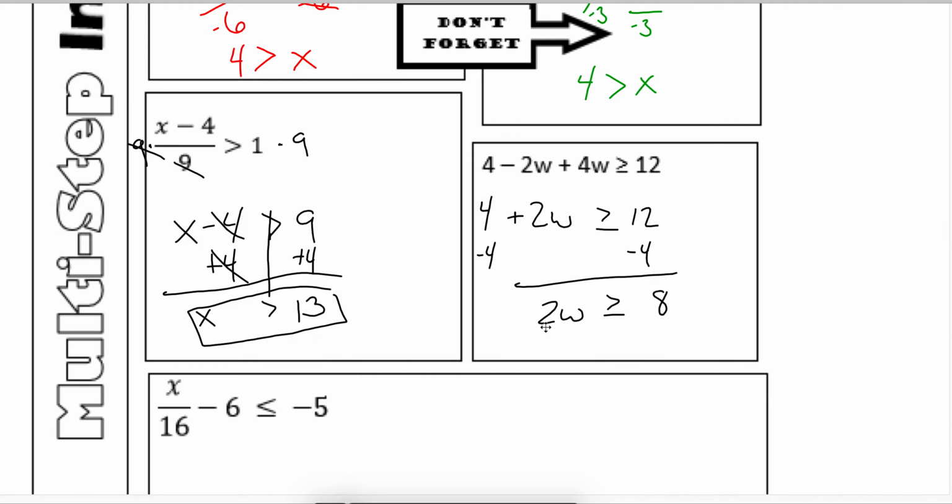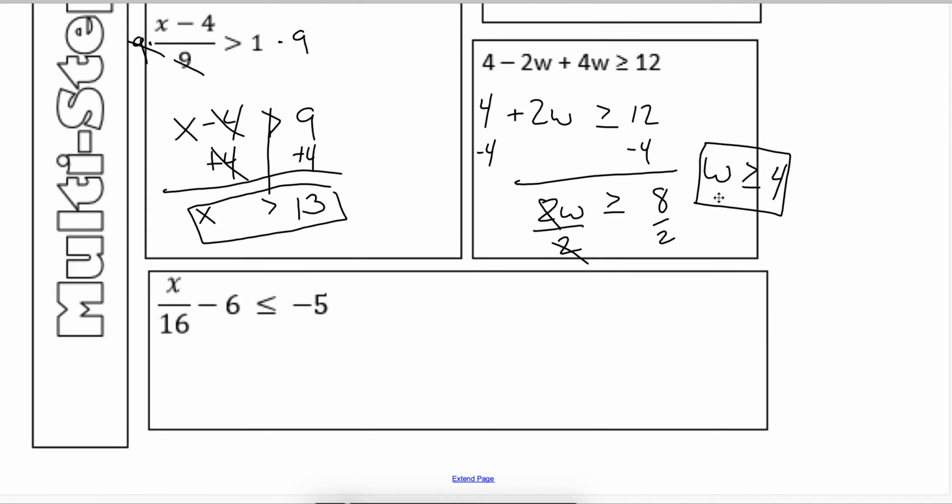Divide by 2, divide by 2. Cancel, cancel. w is greater than or equal to 8 divided by 2, which is 4. You're doing so awesome. I know it's kind of getting boring because you're doing so good. I know we did that one on the previous page, but it's always good to see some things twice.